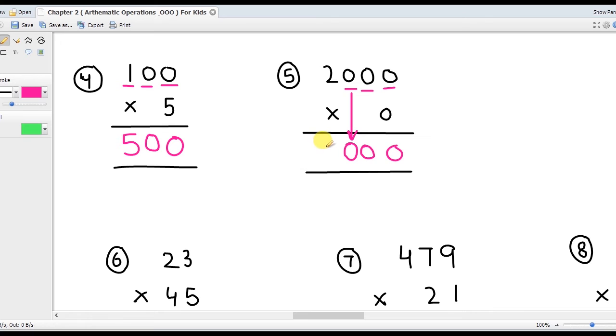And 2 times 0 is 0. So 2000 times 0 is 0, or 0 times 2000 is 0. So either you can put 4 zeros, or, once you are familiar and expert in solving these questions, you can directly write simply 0. Because if you multiply any number with 0, you'll get 0, right?